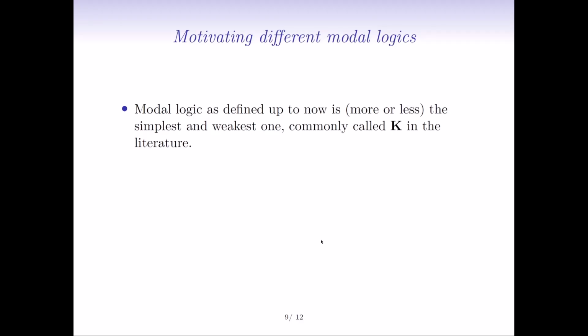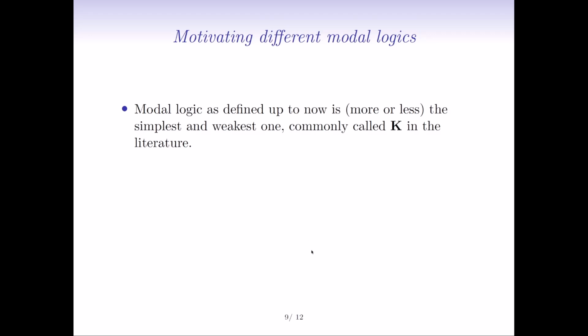Okay, the way we've defined modal logic up to now, I said before that there are quite a lot of different modal logics in the literature, and here we've chosen to look at the simplest one. It's also the weakest one, in the sense that it makes the smallest set of formulas valid.